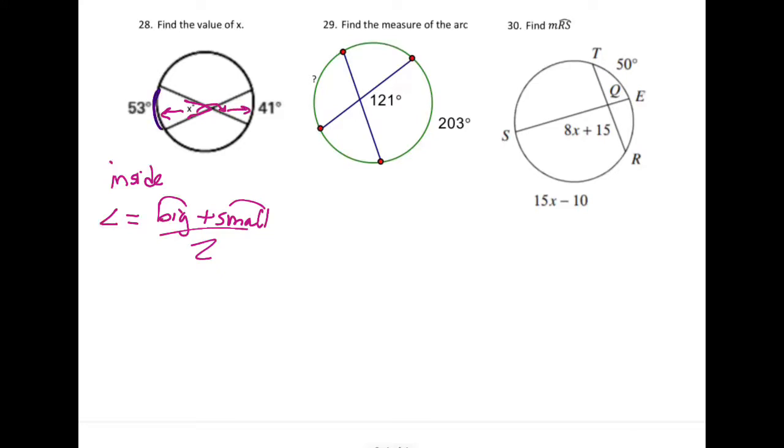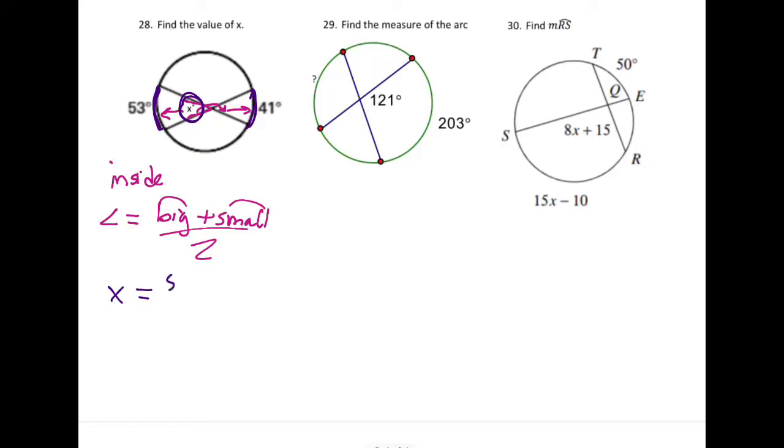If they gave you one at the bottom, like a number here, you couldn't use that number. That number would go with that angle. So you've got to make sure you're using the right arcs, because sometimes you may have to find something else before you can use the actual relationship. But we are using 53 and 41 in this problem. So the angle in this case has an x in it, so I'm going to put an x in the angle spot.